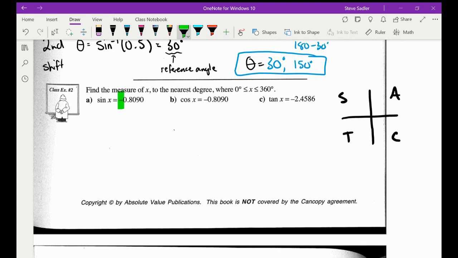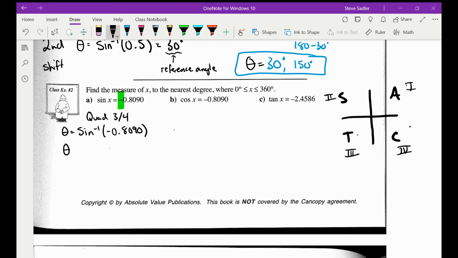Sine is negative in quadrants 3 and 4, so we are looking for quadrant 3 and 4. We are going to type that in. So theta is equal to sine to the negative 1, or second sine, or shift sine, of negative 0.8090.